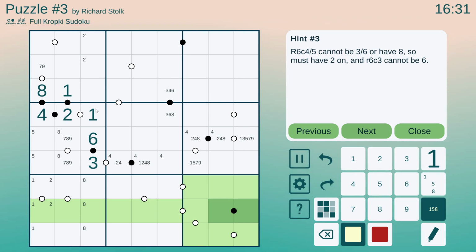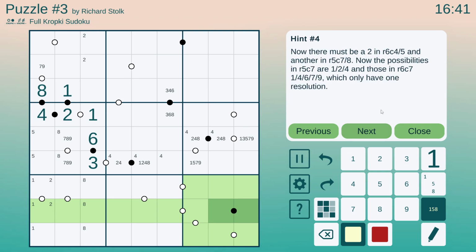Six, column 4 and 5 cannot be 3, 6, or have 8, so let's have 2 on, and row 6, column 3 cannot be 6. There must be a 2 in row 6, column 4 and 5.